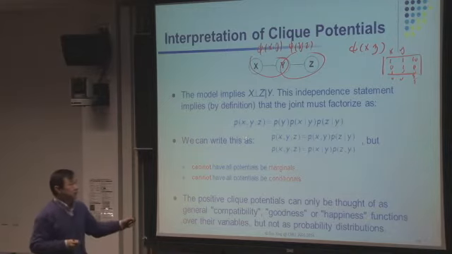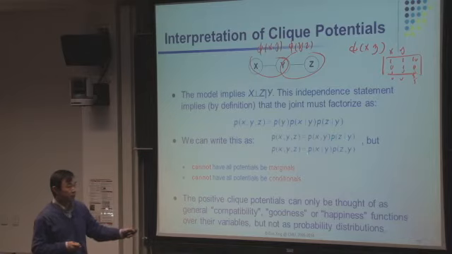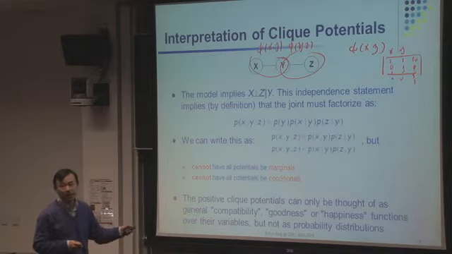Then there are only 3 pieces here. If I want to group them into 2 pieces to make each one correspond to a potential, I can either group them this way or group them that way, right? And then these 2 must each correspond to a potential function.